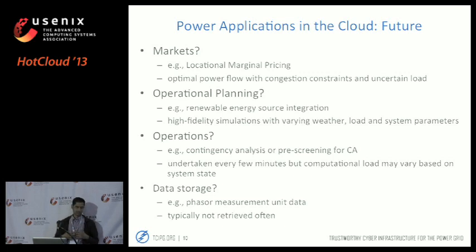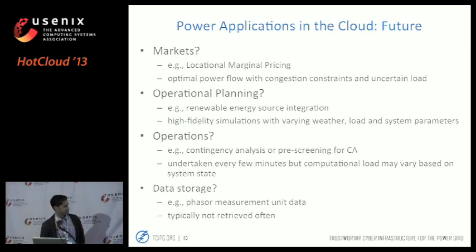The other advantage is that the power operators are really good at understanding how their power systems run. But I don't know if they're able to attract the same kind of talent for the cyber infrastructure, and maintaining and running it, as these cloud providers could. This is the point that I think Mike made quite well this morning.